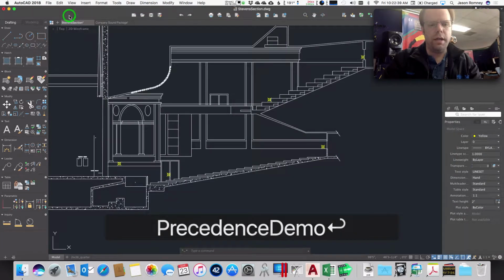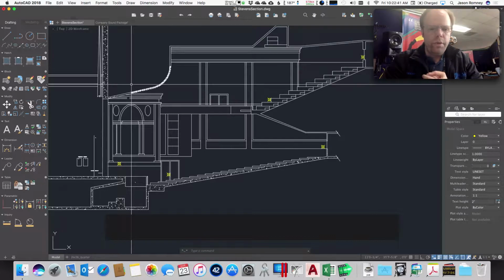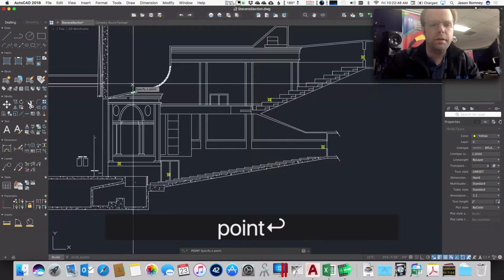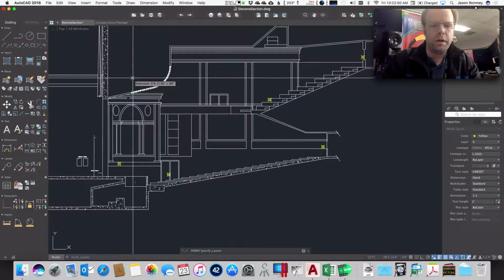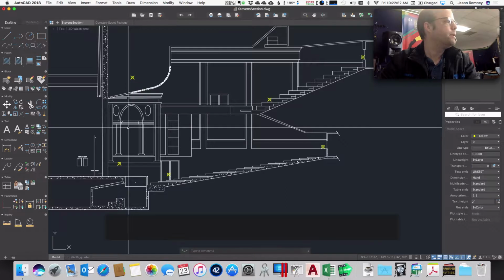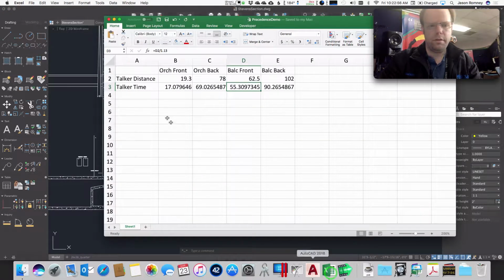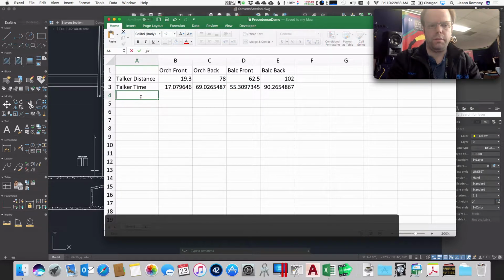All right, so now we need to add our sound system. Okay, so we've got a center cluster that lives somewhere around here. Yes? In space. So I'm going to call this my center cluster distance.